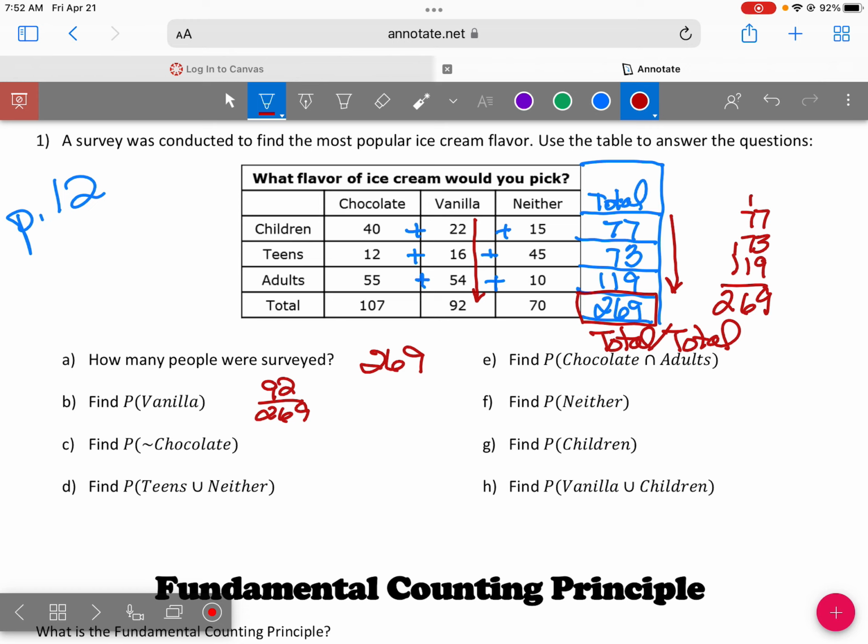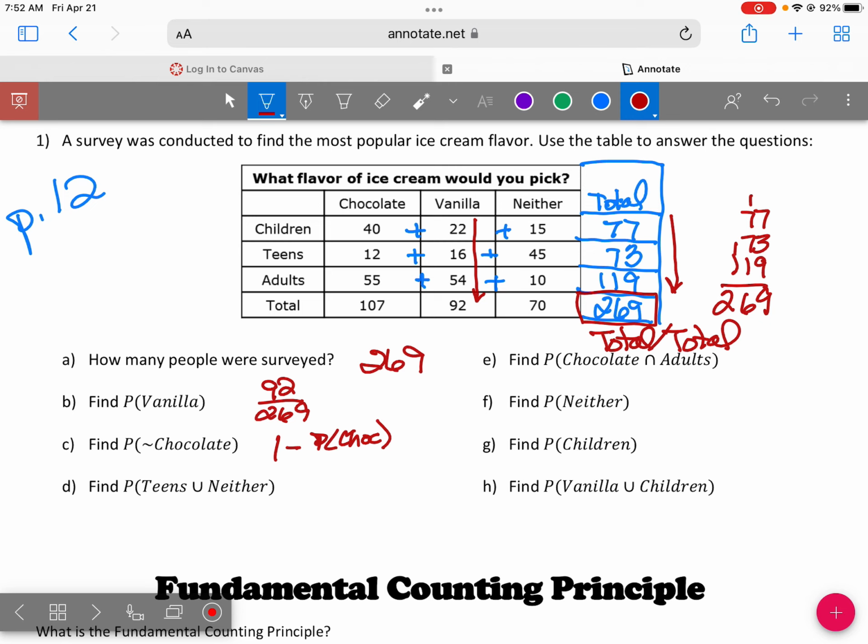So, letter C, find the probability that someone does not care for chocolate as their favorite. Does not like chocolate. Well, remember, you need to start with 1 minus the probability that someone does like chocolate.